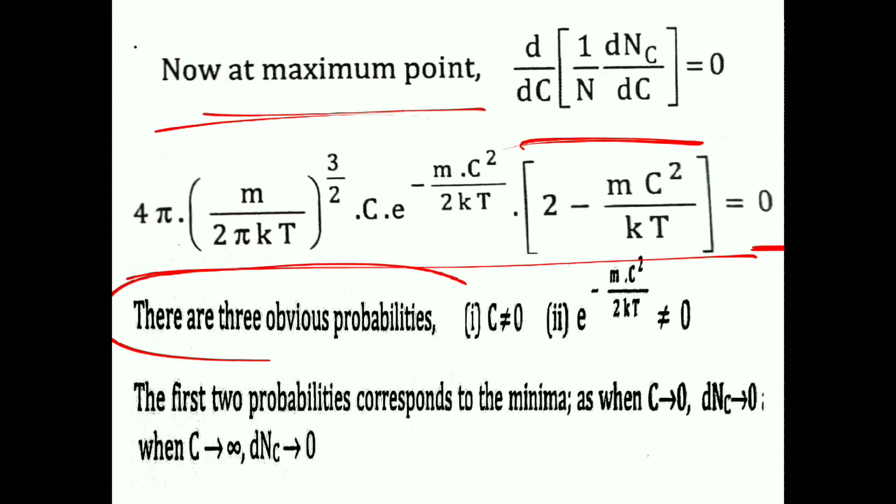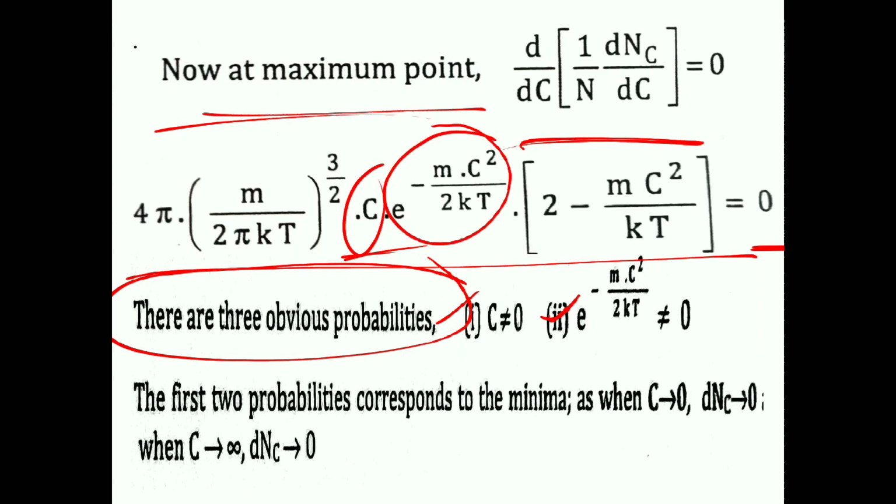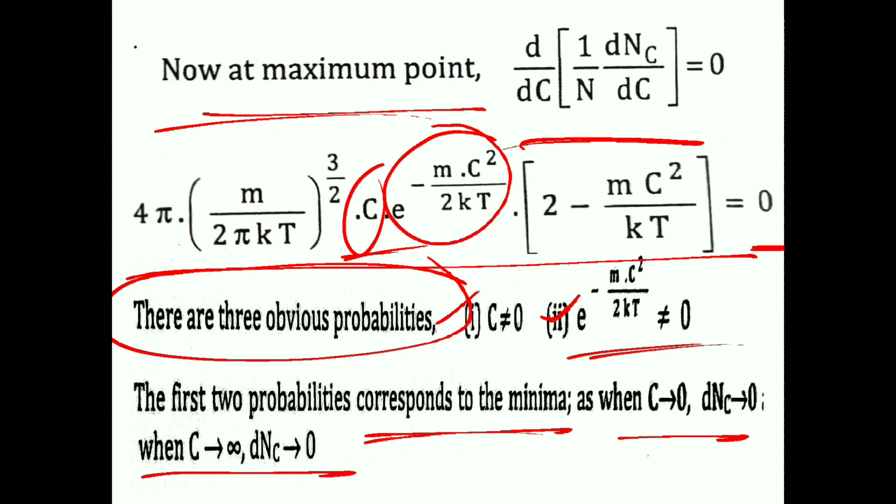So there are three obvious possibilities. First, c cannot be equal to 0, and the exponential term also cannot be equal to 0. So only one possibility remains. The first two possibilities correspond to the minima: when c tends to 0, dn_c tends to 0, and when c tends to infinity, dn_c tends to 0.